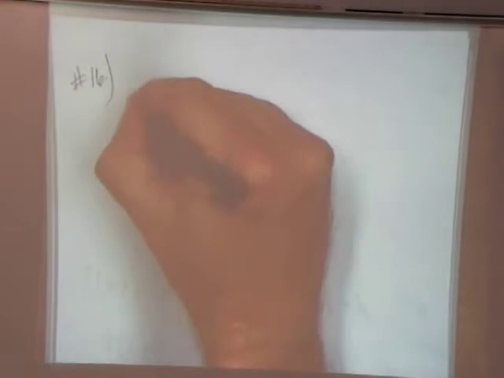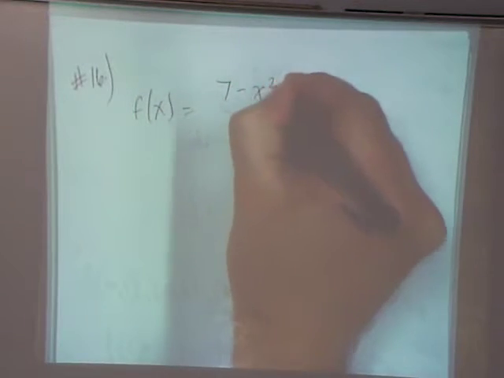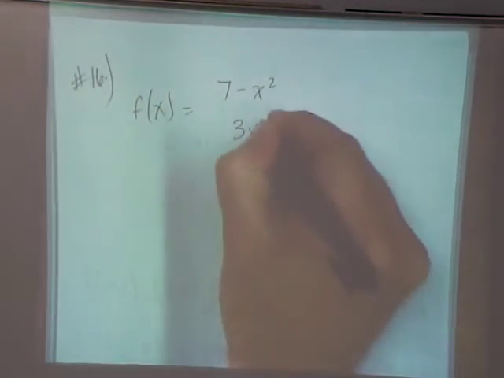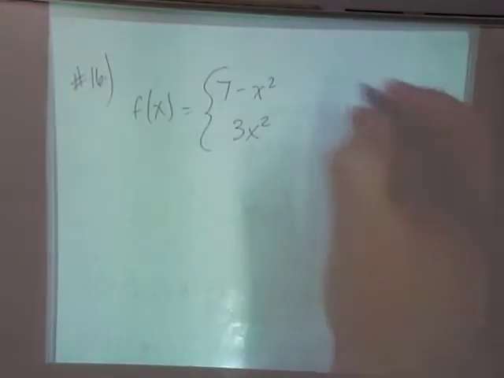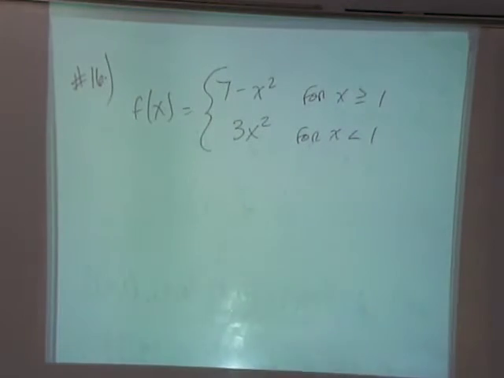Okay, they give us a piecewise function. So we've got 7 minus x squared if x is greater than or equal to 1, and we've got 3x squared if x is less than 1.